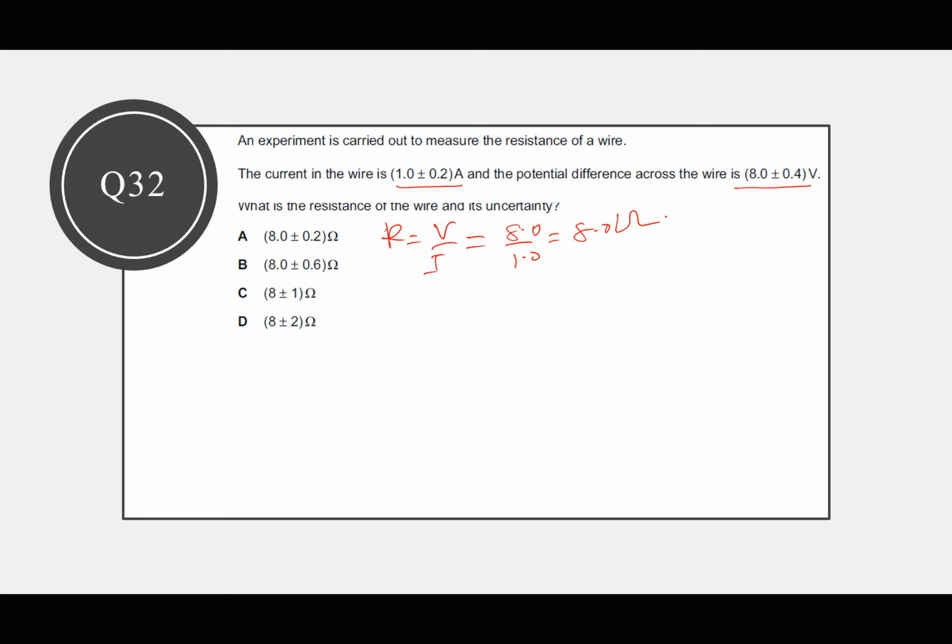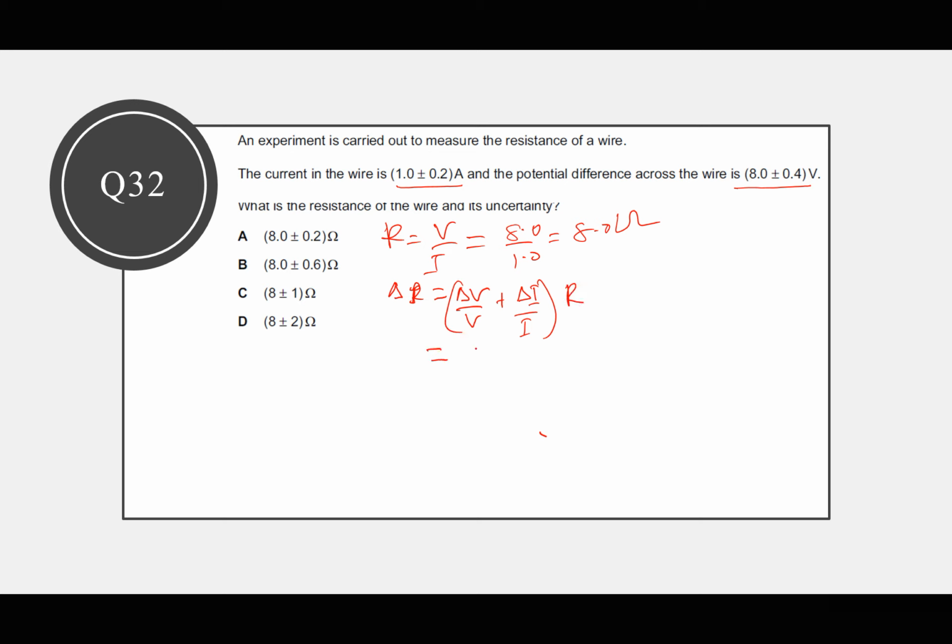Then we check the uncertainty. So we shall say absolute uncertainty in resistance will be equal to absolute in V over V plus absolute in I over I, then we multiply by the true value of resistance.